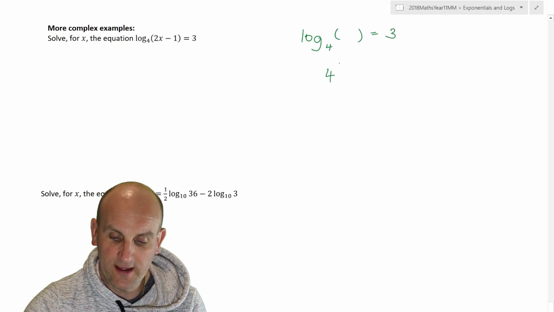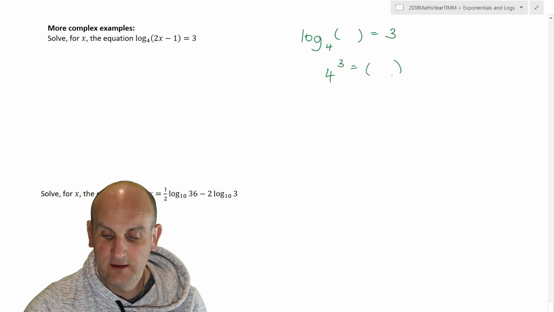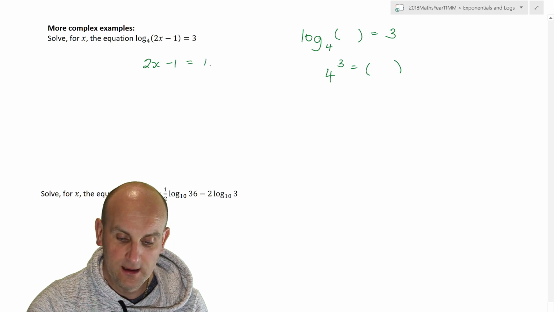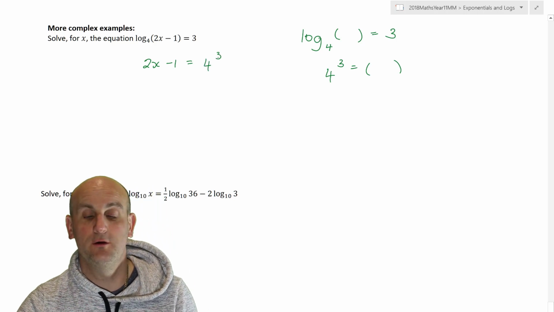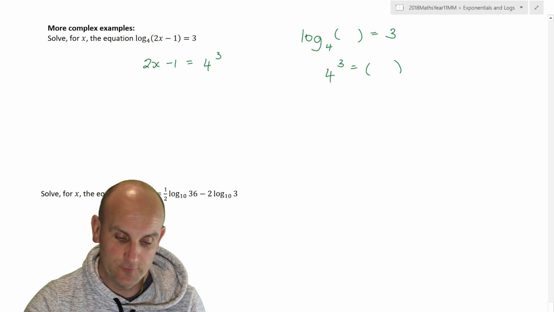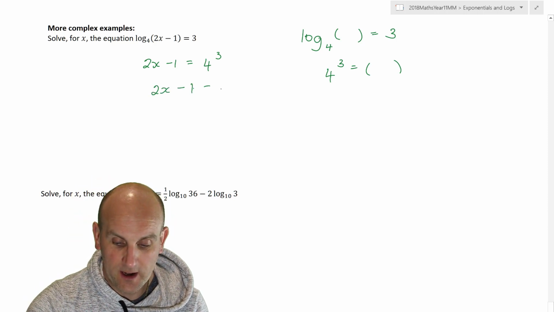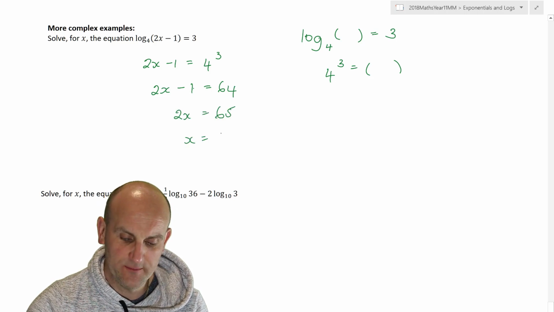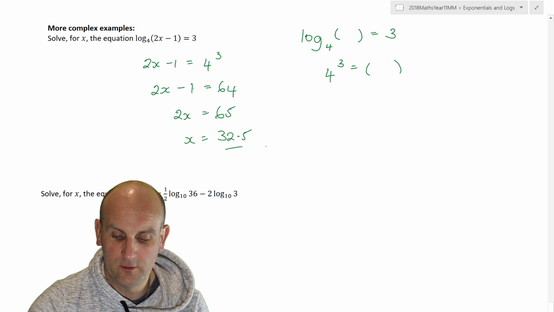So we can rewrite that as 4 cubed is equal to that bracket. So 2x minus 1 is equal to 4 cubed, which is 4 times 4 times 4, which is 4 4s are 16, 32, 64. So 2x minus 1 is 64. 2x is 65, or x becomes equal to 32.5.